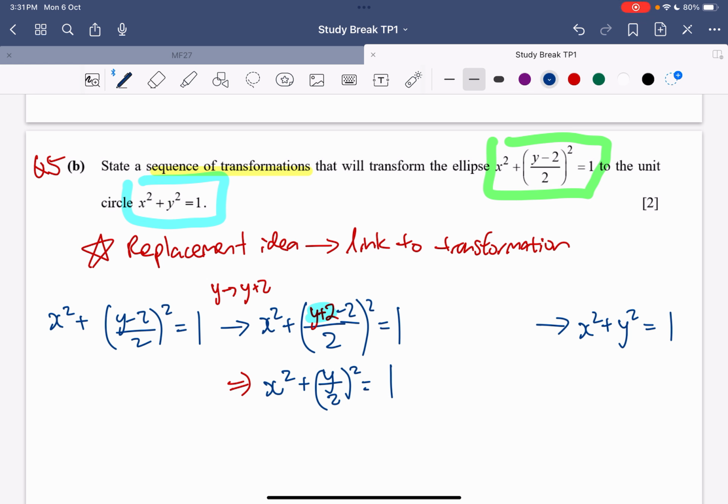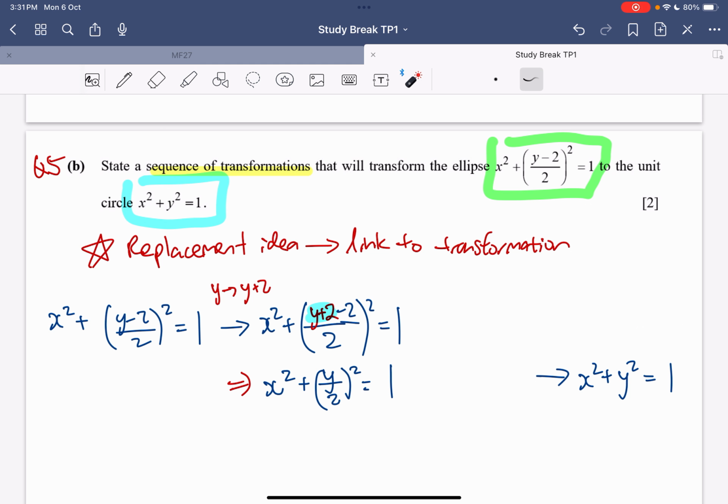And in the second step, we are going to just tackle the y over 2 part. So what can I replace y with such that after cancellation is just a y squared? So I hope you can see that we are going to replace y by 2y. Replace y by 2y.